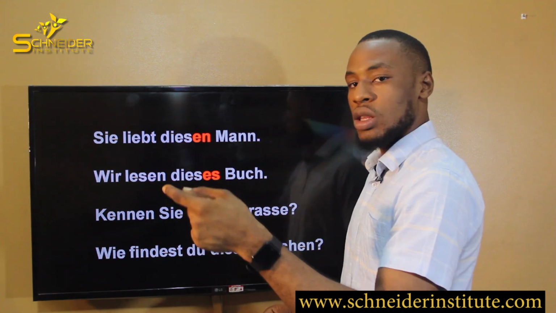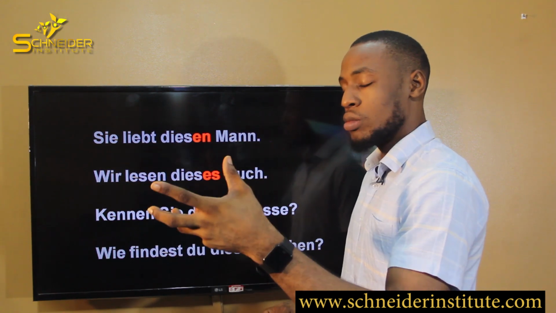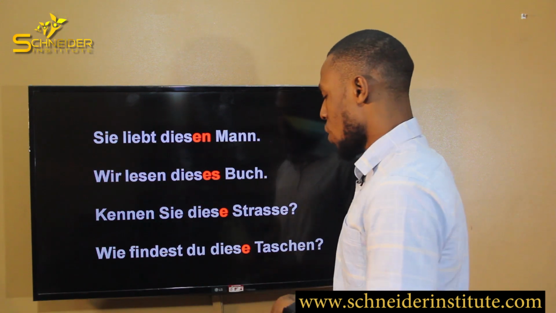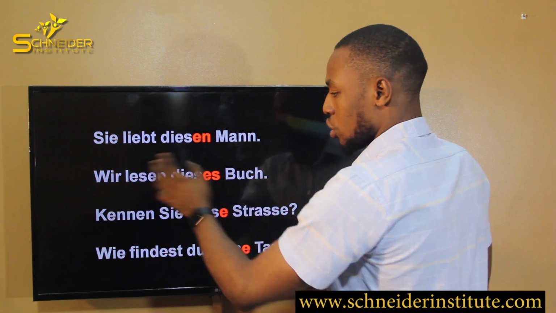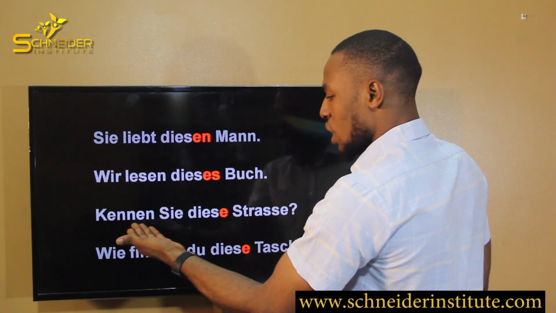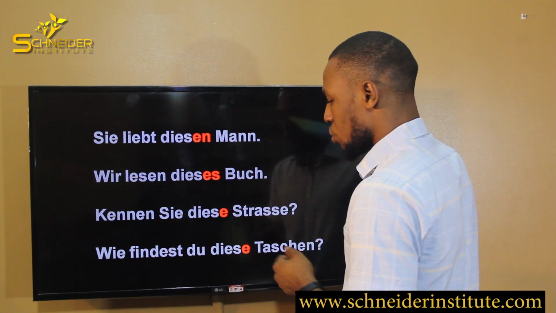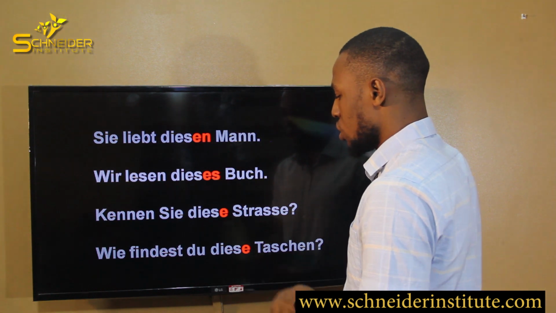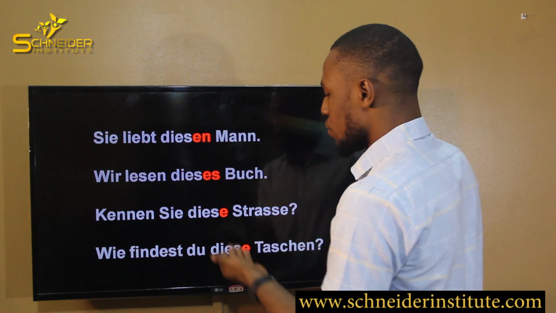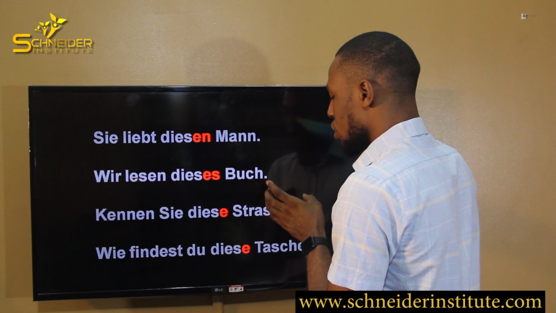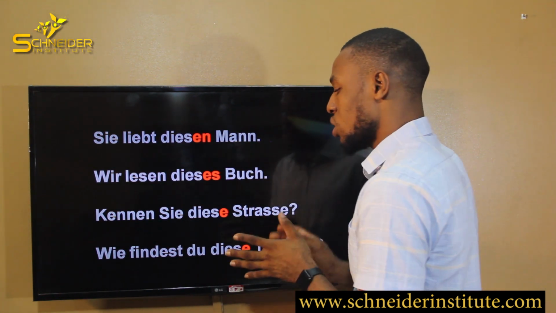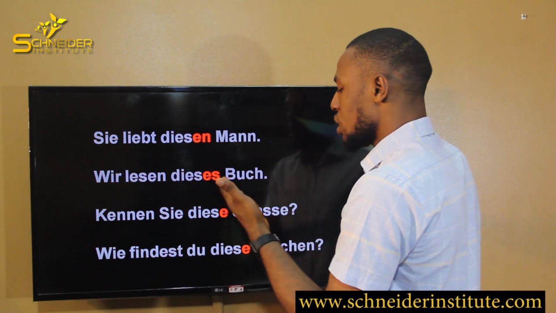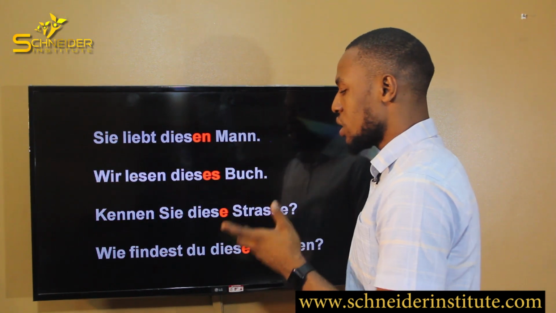So you are the person, subject of the sentence, while the street is the direct object of the sentence, receiving the action from the verb kennen. Here, we have diese Straße because the article here is die Straße. So I can simply say, if I'm using the definite article, Kennen Sie die Straße?